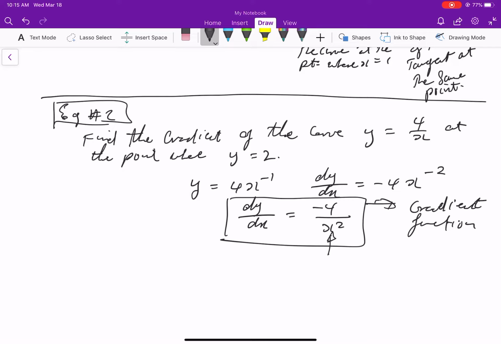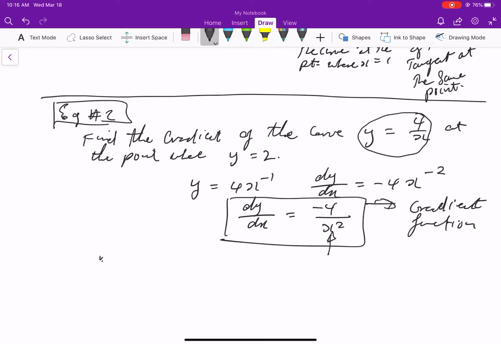Well, that should still be no big deal, because we have the equation relating y and x right there. So because the gradient function requires a value of x to be substituted, I need to go back up to the curve's equation, plug in the y value, and that will allow me to get the corresponding x value, which I would then need to use in the gradient function. So let's try that.